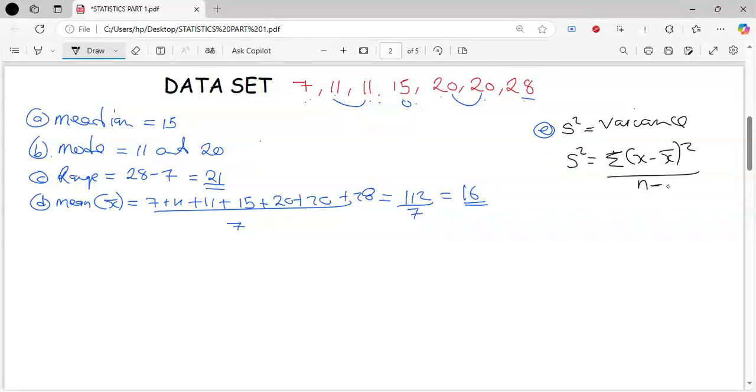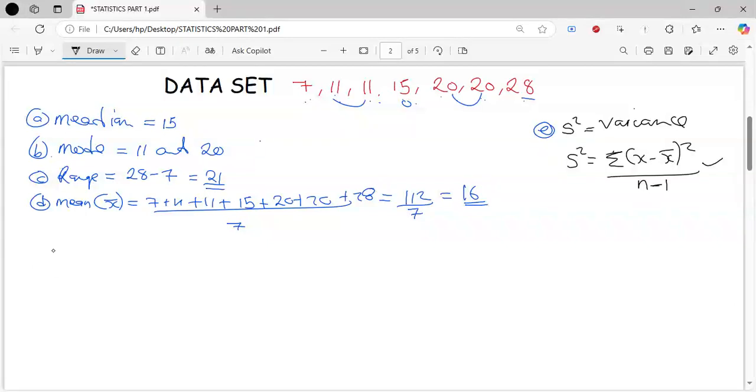We'll see how to find the variance, and also the standard deviation from that. So how can you achieve this formula? We'll arrange the same data as follows.